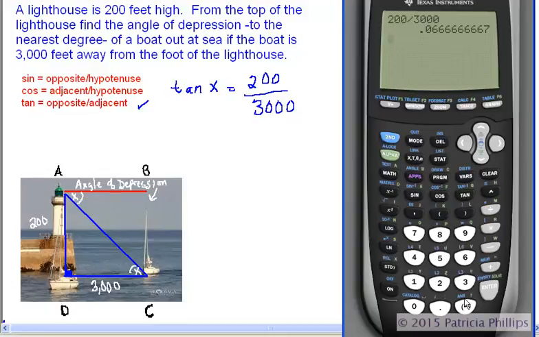So we're just going to say 0.0667. So tan of the angle equals 0.0667, since the 6's continue, we'll round that last one up to 7.